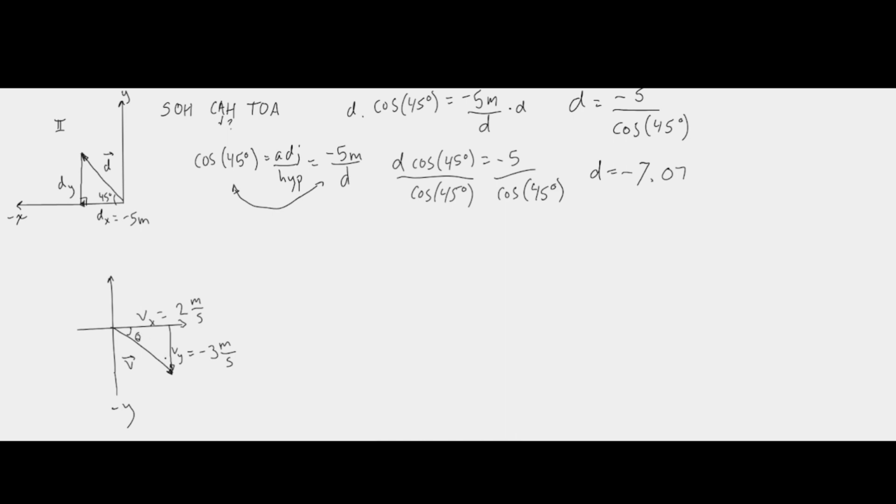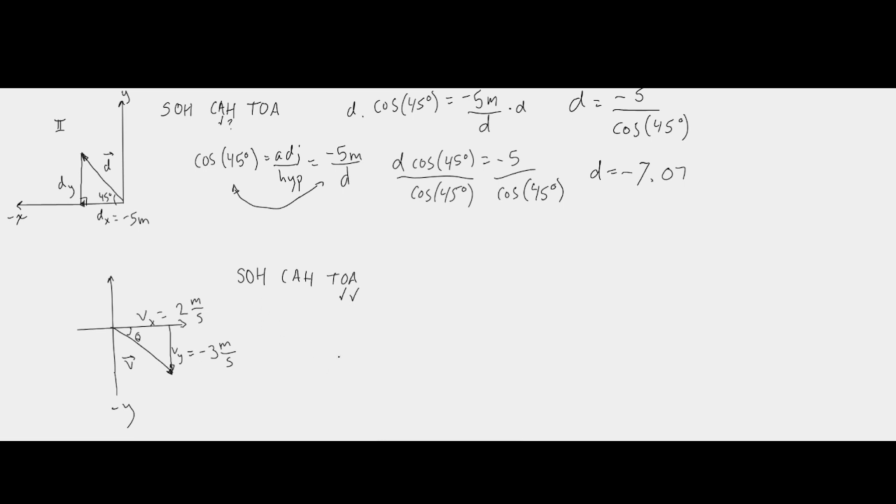What is that angle? So I write out my mnemonic here. I have again, TOA. And I'm given my opposite side, which is Vy, and I'm given my adjacent side, which is Vx.